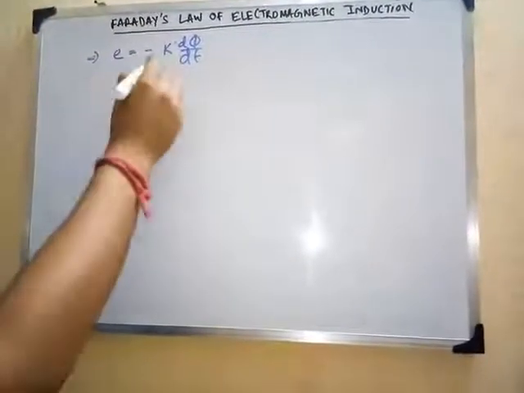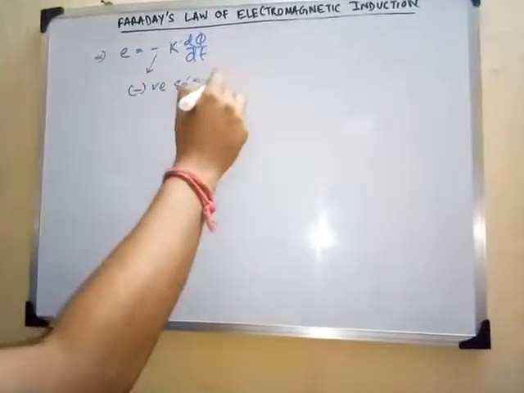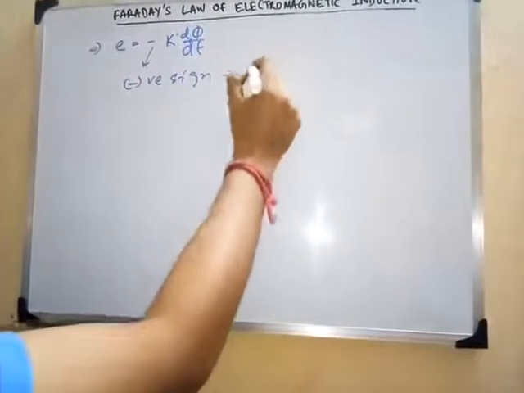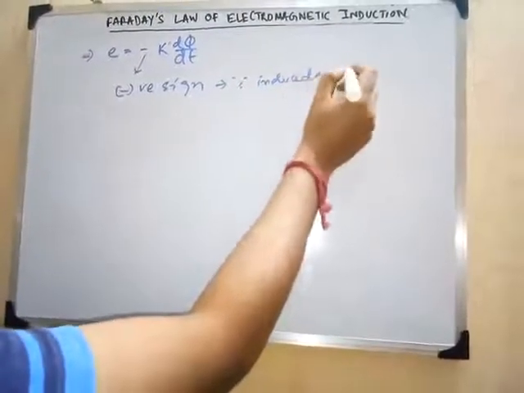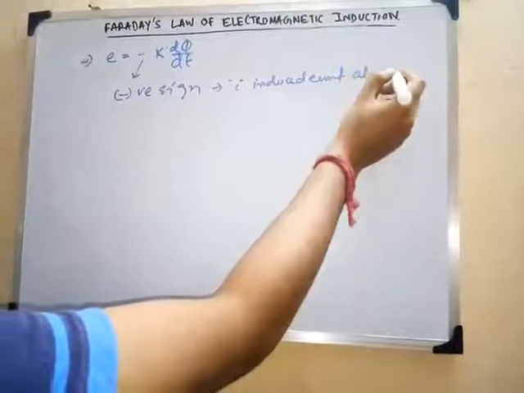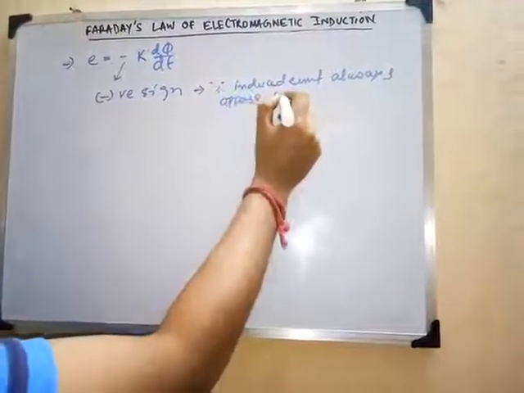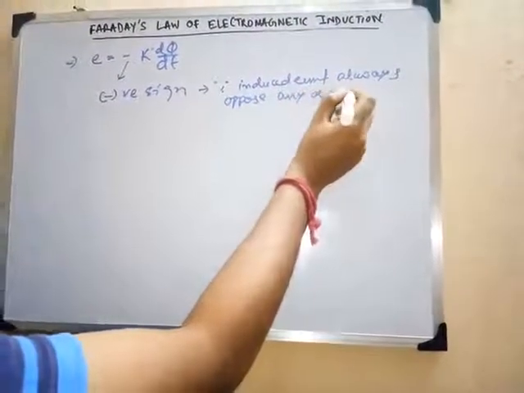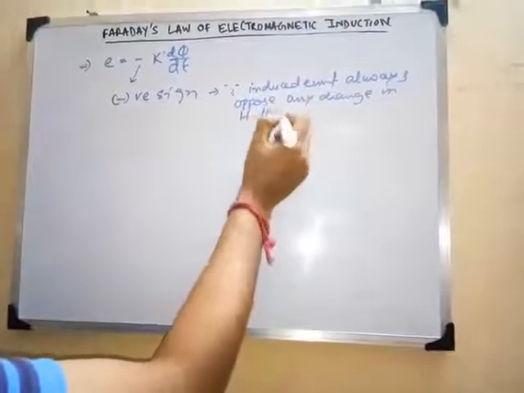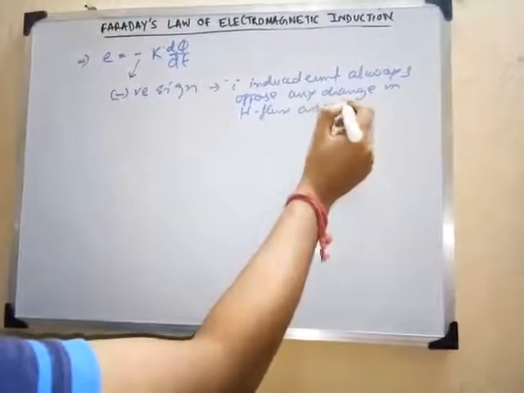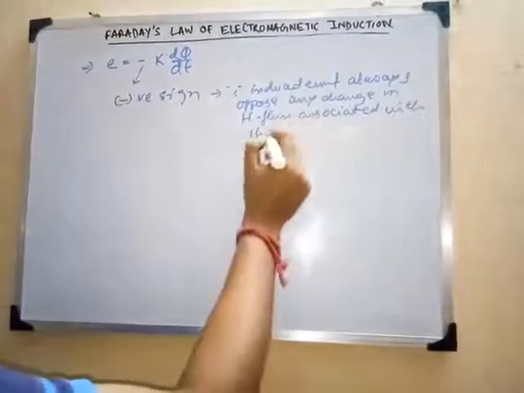Now the significance of the negative sign is that induced EMF always opposes any change in magnetic flux associated with the circuit.